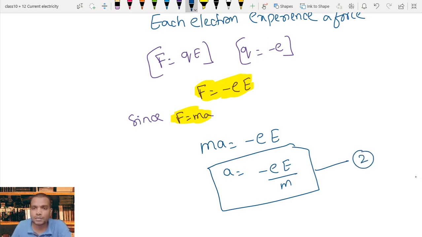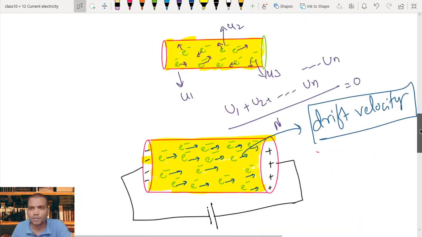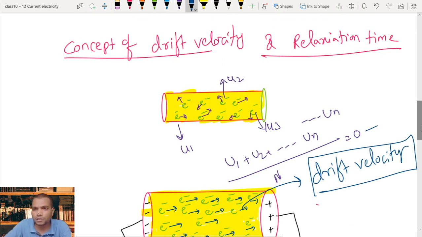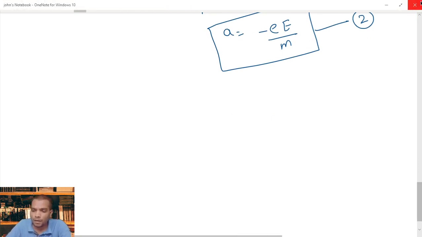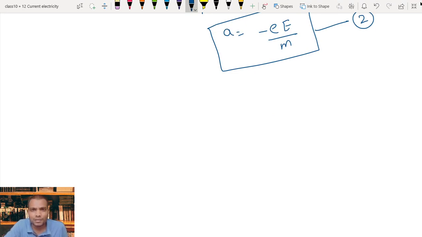Let me take this as my second equation, and the average velocity as the first equation. Now that is the acceleration. Here we need to find the velocity. Let me explain how I am planning to find the velocity.